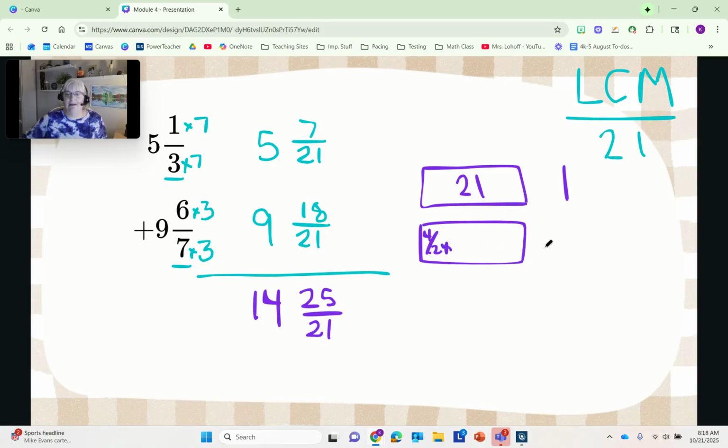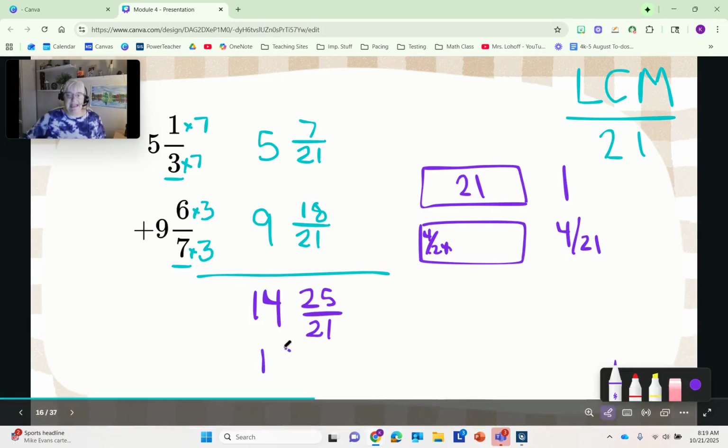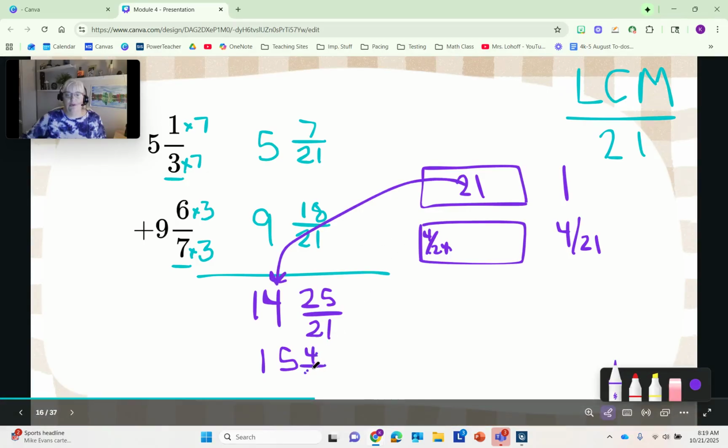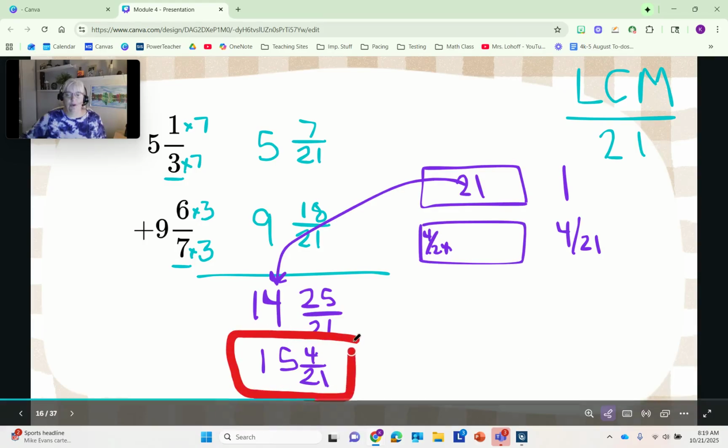So that would be 4 21sts. I have another whole. This now becomes 15. And the fraction remaining is 4 over 21. So the answer is 15 and 4 over 21.